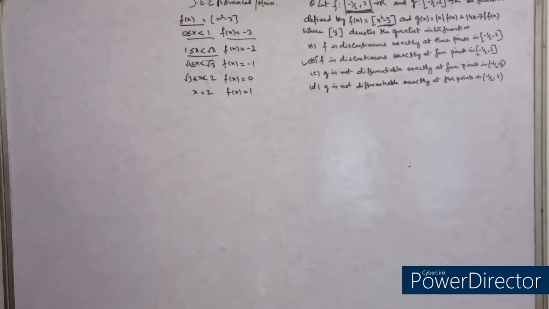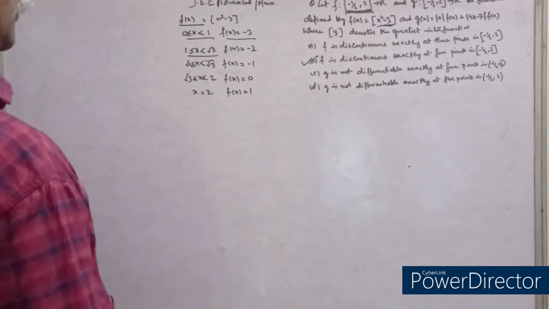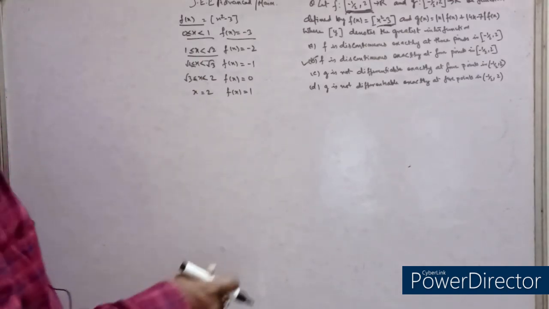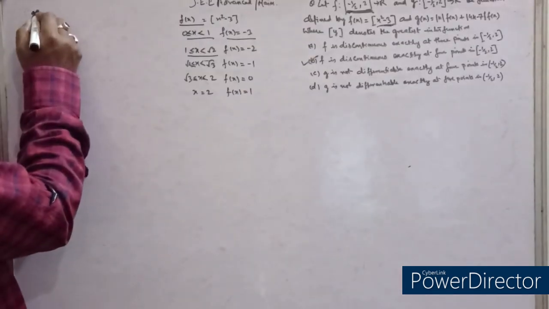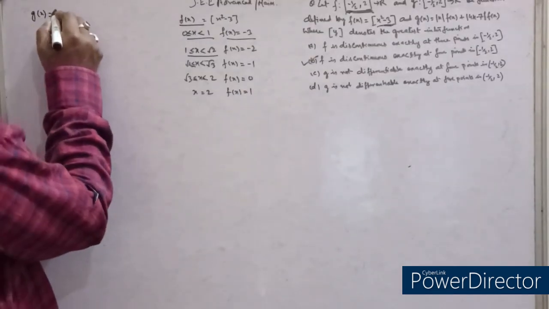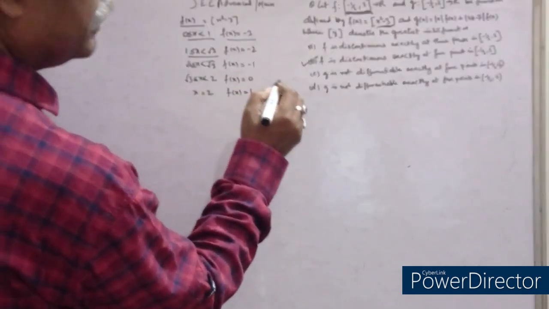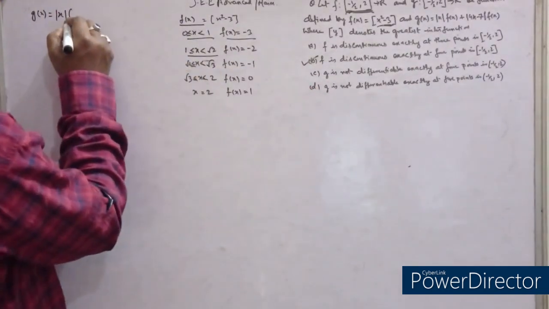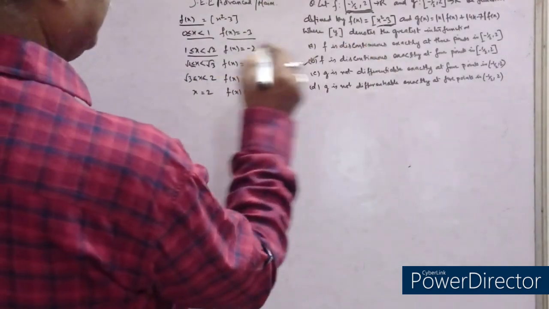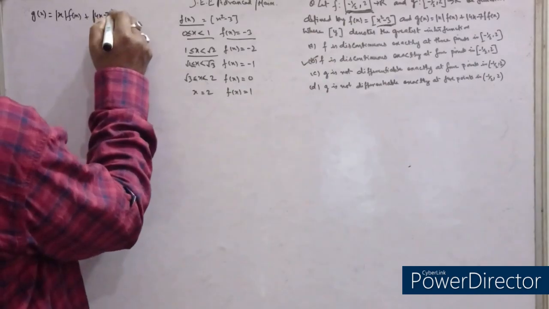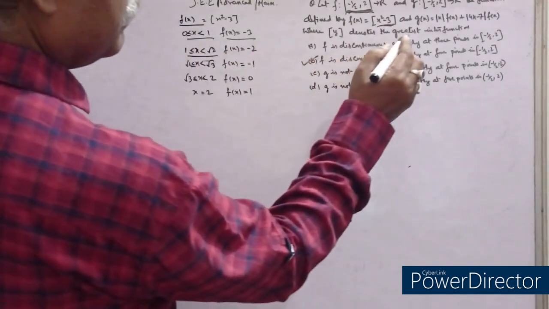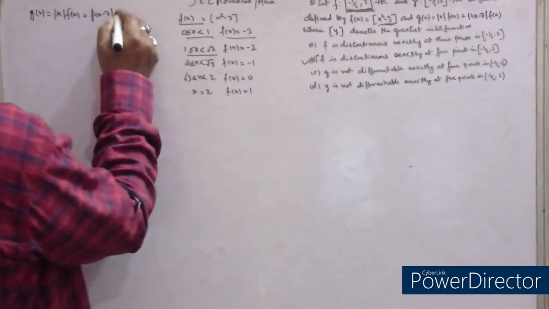So this was the result which I got in the first section, and I have written it for you. Now for g(x), the g(x) function is modulus x times f(x) plus modulus of 4x minus 7 times f(x).